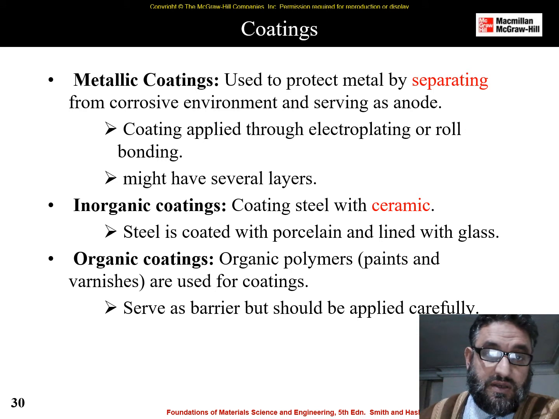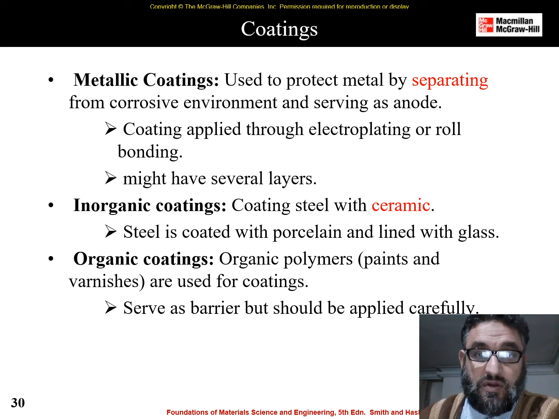The coating could be a metallic coating. We use it to protect metals by separating the metal surface from the corrosive environment and serving as anodes.